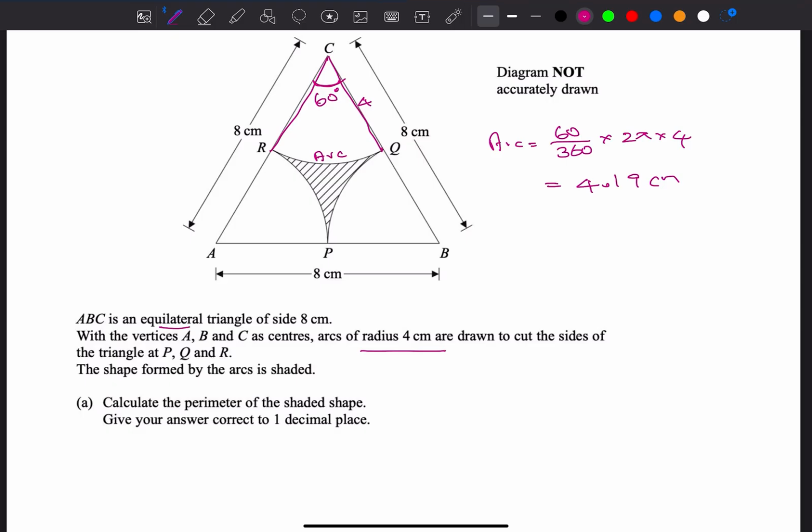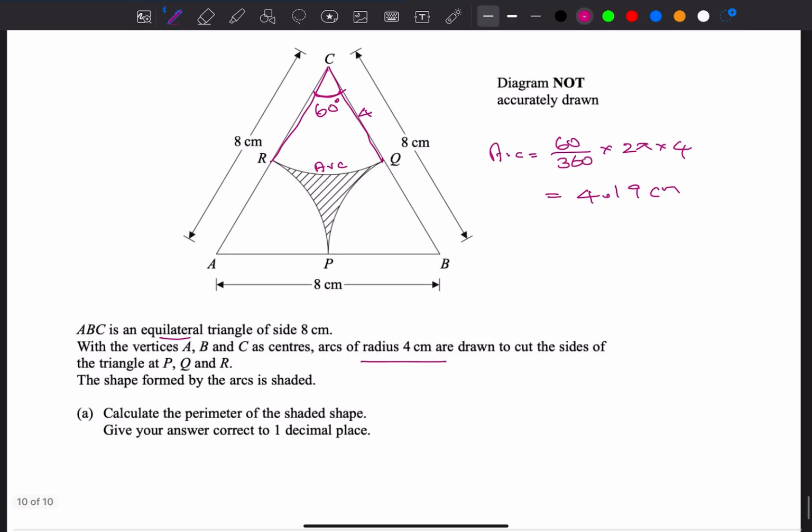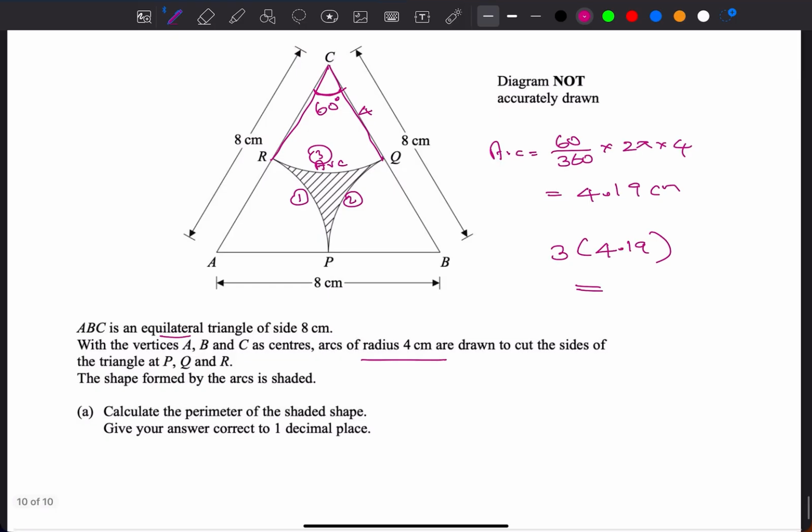Okay, 4.19 for each arc length. Calculate the perimeter only. Why? What's the point? They just want the perimeter. Seriously? Okay, so how many arc lengths do you have? 1 arc length here, 2 arc lengths, 3 arc lengths. So 3 times 4.19, which is 12.57. So we will call that 12.6 centimeters.